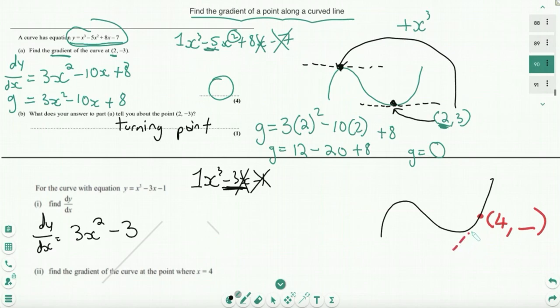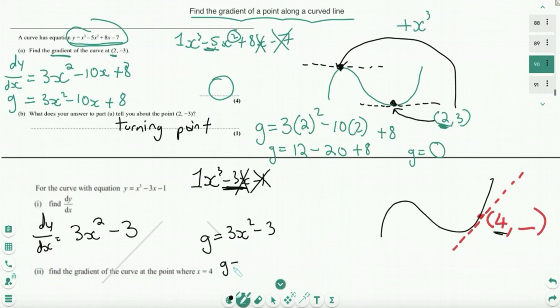And we're trying to find the gradient of the curve at that point. So let's draw a tangent. And then, remember guys, we can replace the phrase dy over dx with the word gradient. So instead of dy over dx equals 3x squared minus 3, I can say the gradient is equal to 3x squared minus 3. And since I'm trying to find the gradient of the curve when x is 4, I'll replace this x with 4.